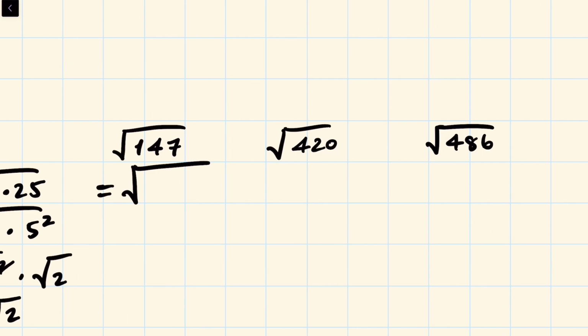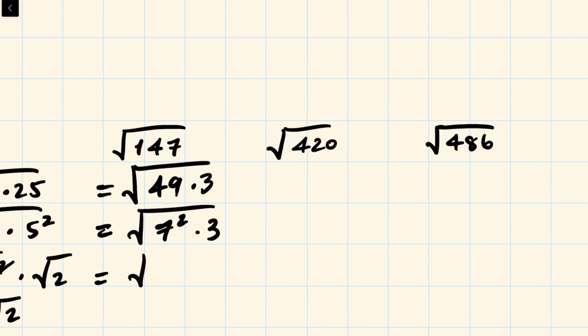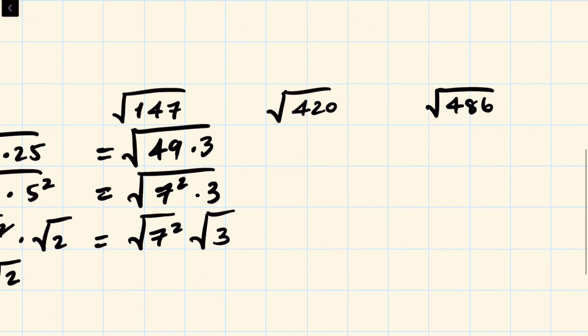I believe we can do 49 times 3. 49 is just 7 squared, still times 3. So that's root 7 squared times root 3, and that's just 7 root 3.